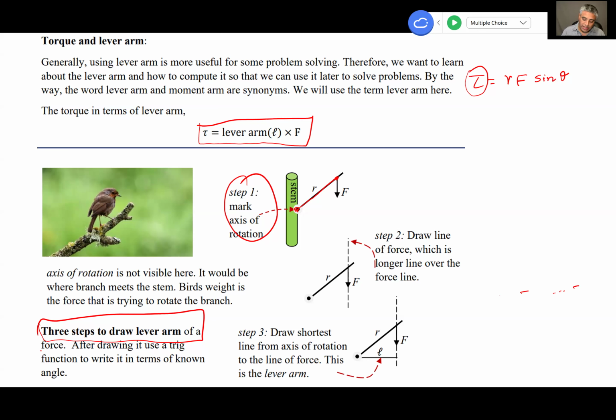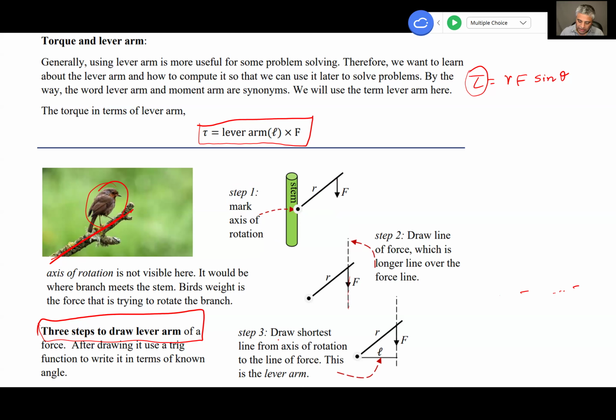Here this force is the weight of the board. This branch is already thick enough, but I'm neglecting the weight of the branch. In the first step, you make the force longer, whatever direction the force is acting.